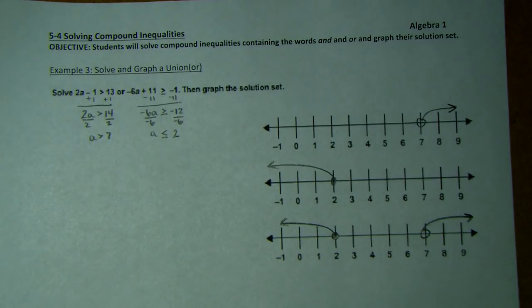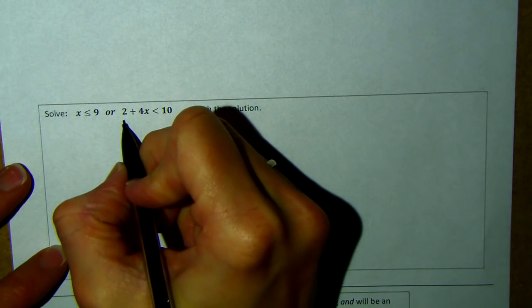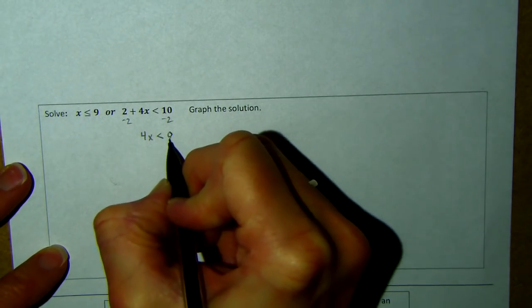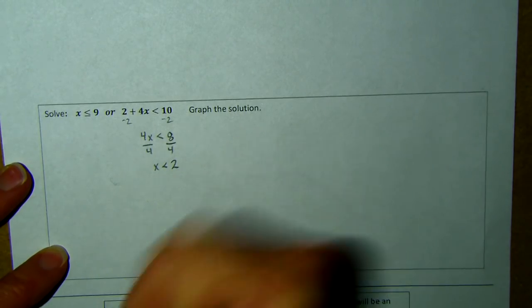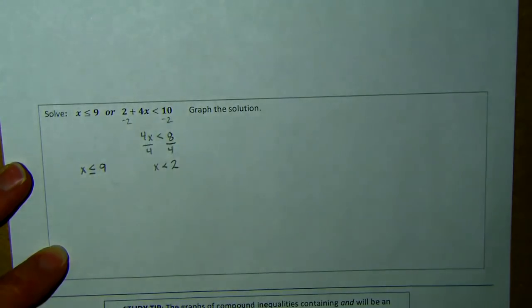Okay, one last problem, which is kind of funny because they flat out gave you that first one. We have to solve the second one. So minus 2, I get 4x is less than 8, divide by 4, and x is less than 2. But they also told us that x could be less than or equal to 9.